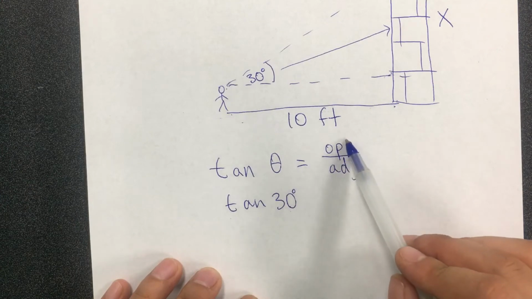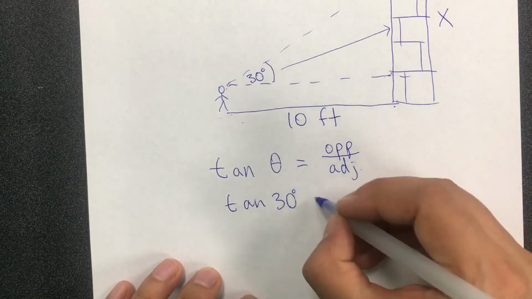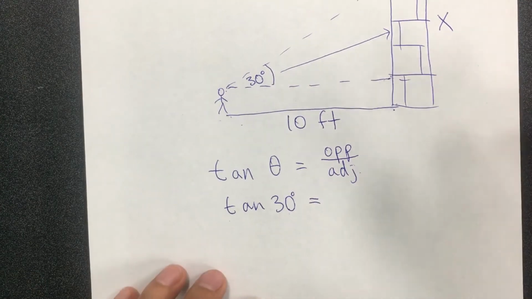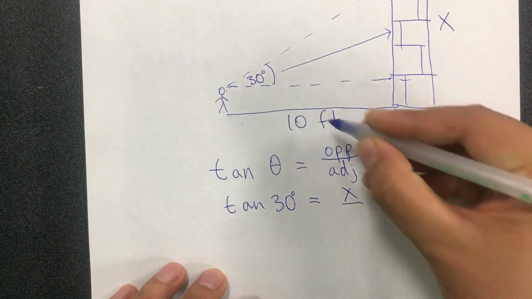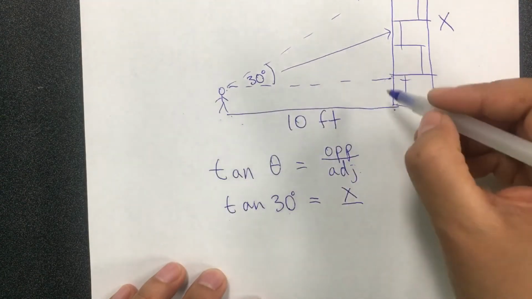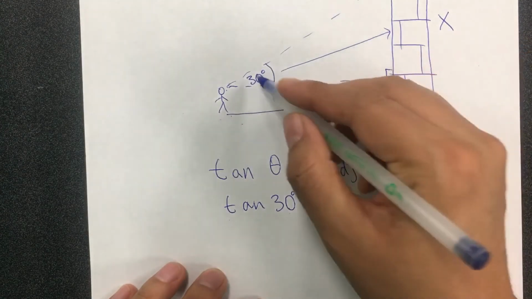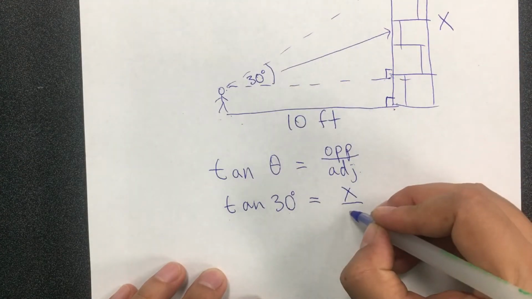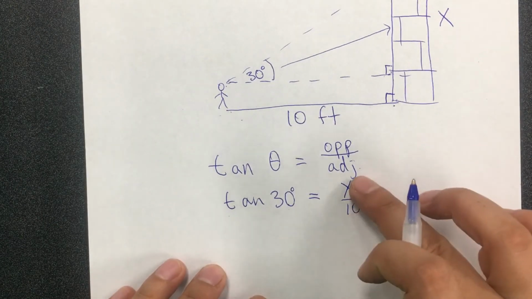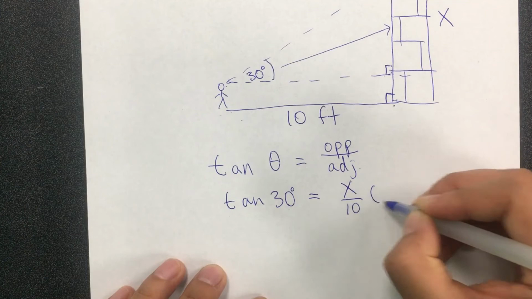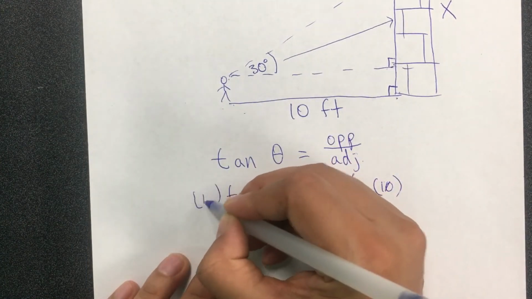We're replacing the opposite measurement and the adjacent measurement. So in here opposite is x. Adjacent is always between the 90-degree angle and the angle that we have, okay, which is 10 feet. Again, if we're dividing to find the value of x, the opposite is to multiply by 10 on both sides.